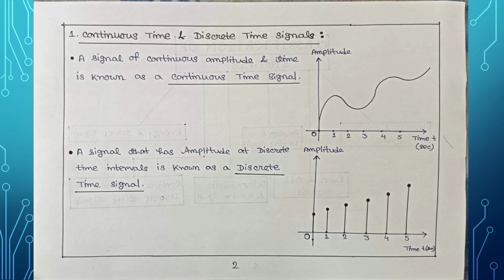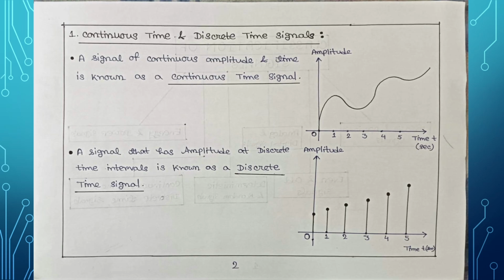continuous time and discrete time signals. In continuous time signals, we have continuous amplitude and time. Let's take an example. Here, one signal is varying with respect to continuous time and continuous amplitude also.